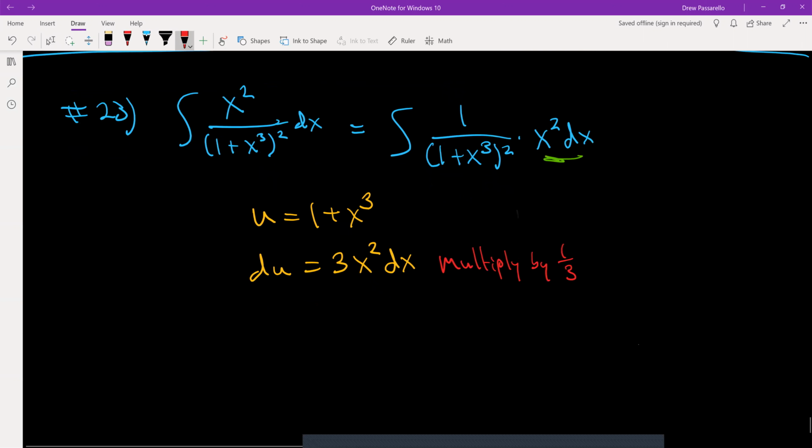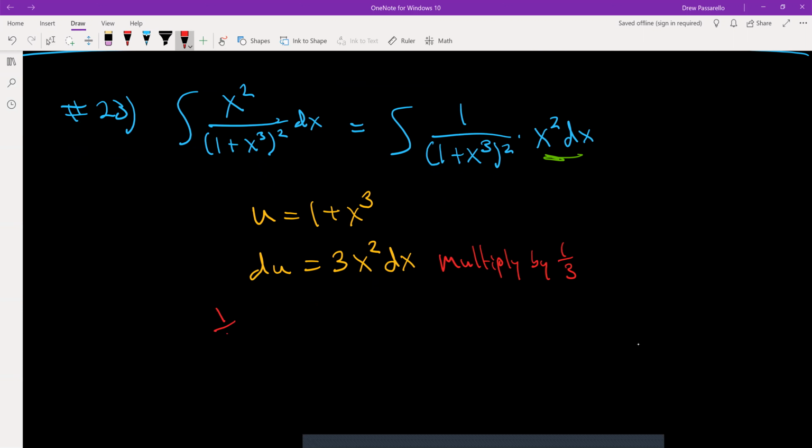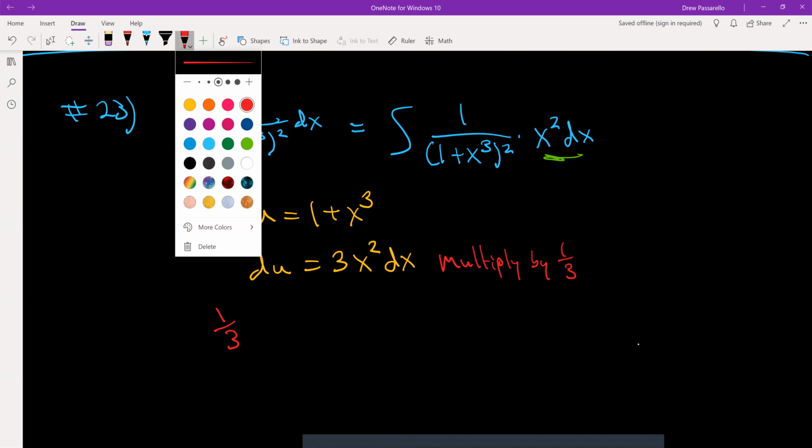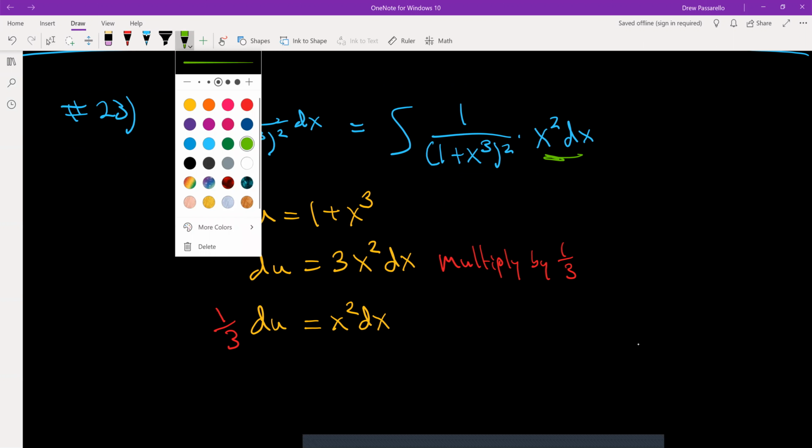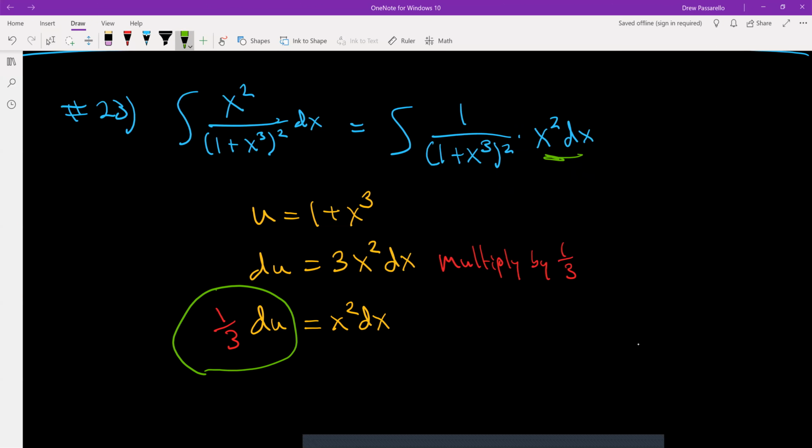So if I multiply both sides by a third, I'll get 1/3 du equal to x squared dx, because the 3 and 1/3 cancel each other out. So I can substitute in the 1/3 du for the x squared dx.